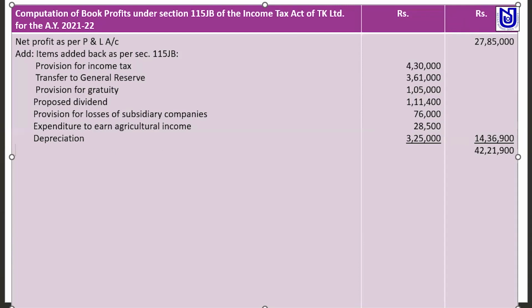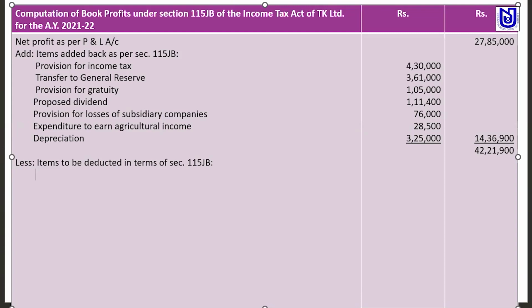Now items are to be deducted in terms of section 115JB. We see what are the items credited to P&L account. Amount credited to P&L account from special reserve.